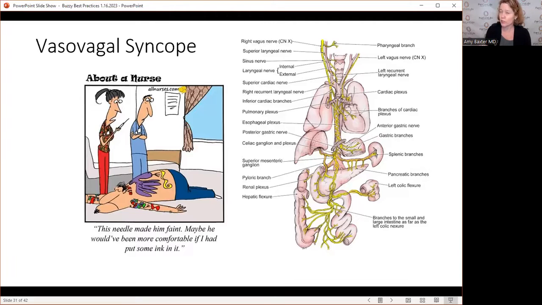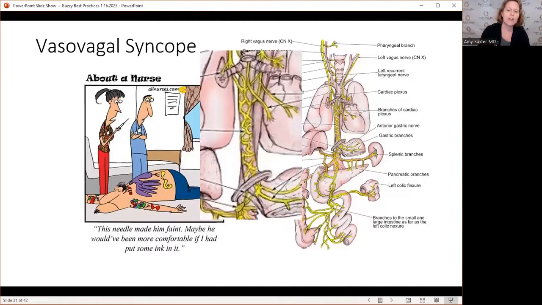Sometimes I call it the warrior gene, because if you're someone who passes out when you get stuck with a needle, if your ancestors were on the battlefield and got stuck and immediately passed out, they are not going to die in battle as much as the people who, like the Black Knight from Monty Python, kept fighting and then their blood's gone. So what Buzzy is doing is it's a sympathetic stimulator.